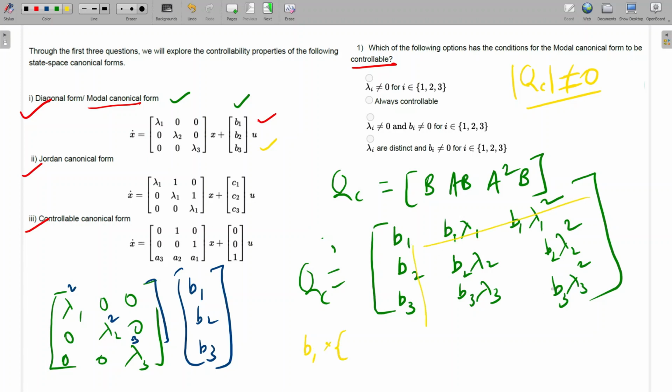So B2, B3 will also be common, and then it will be lambda 2, lambda 3 squared, minus lambda 3, lambda 2 squared. Correct?